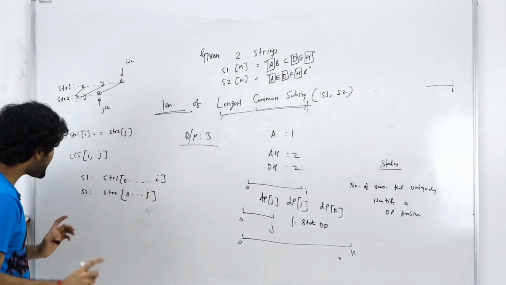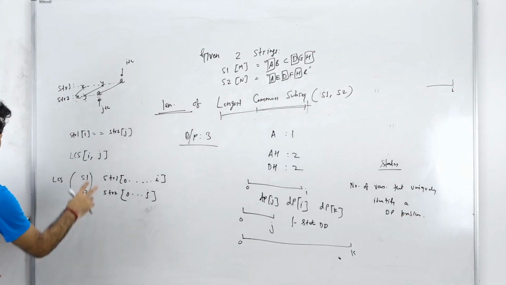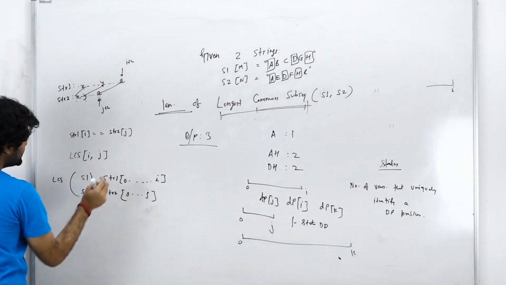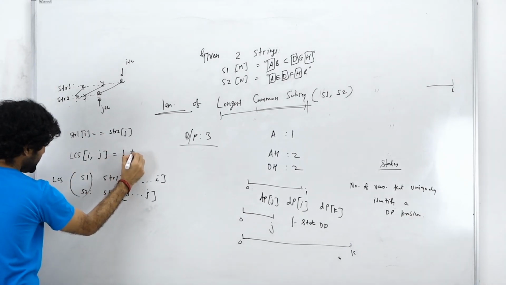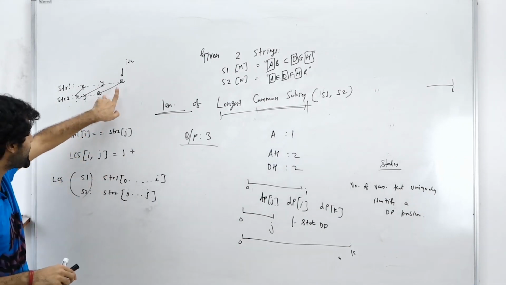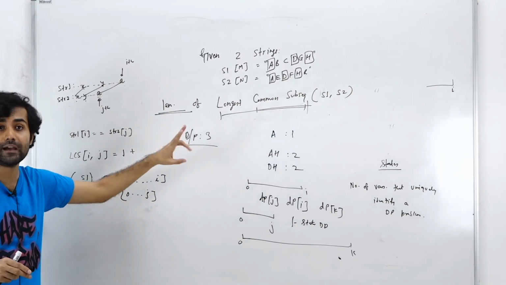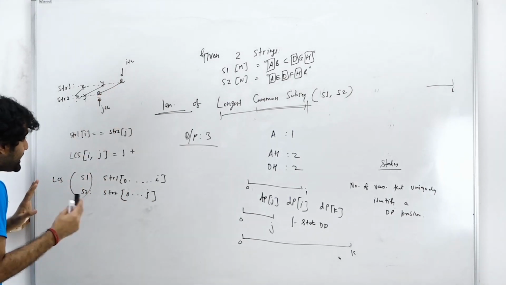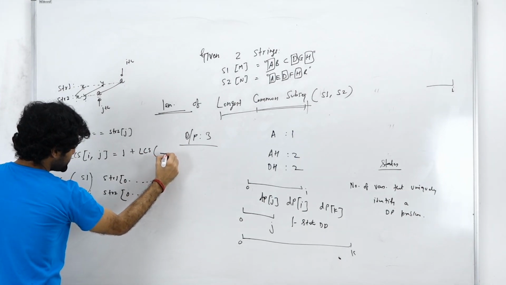And if I have to find the LCS of these, can I say that if this situation has happened, then the LCS of i comma j can be written as 1 plus something, because these two characters were same. So I am very sure that whatever the LCS will be, it will have one character in it, which is this A. 1 plus LCS of some other things.